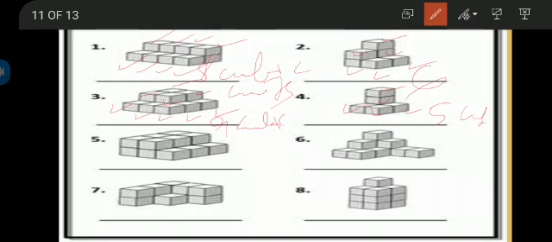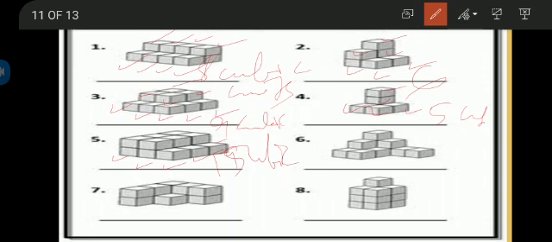In the next figure, 1 2 3, and breadthwise also 3, so 3 into 3 is 9, and height is 1, it is 9. And again, this one, row wise length is 3 and breadth is 2 and height is 1, 3 twos are 6. Okay, 9 plus 6 is your 15 cubic units.